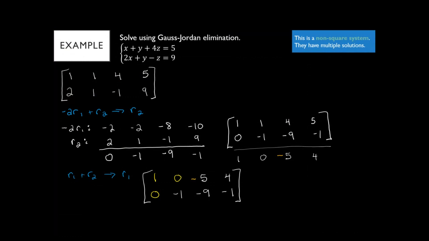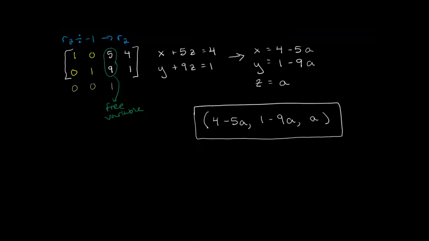Yeah, very easy to make a sign error if you're not paying attention. I make it. So that's a negative 5 right there. This is why we check our answers. So this is a negative 5, so that is a minus 5z. This becomes a plus. This becomes a plus.